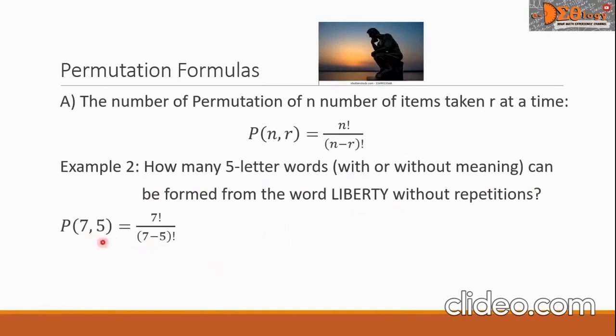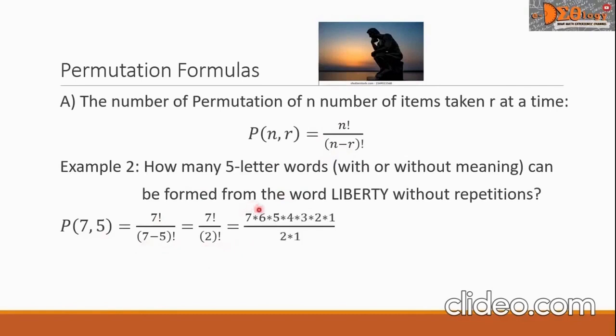And this 5 is the 5-letter word that is required in the problem. This is equal to 7 factorial over 7 minus 5 factorial. And this 7 minus 5 is 2, and we will take the factorial.